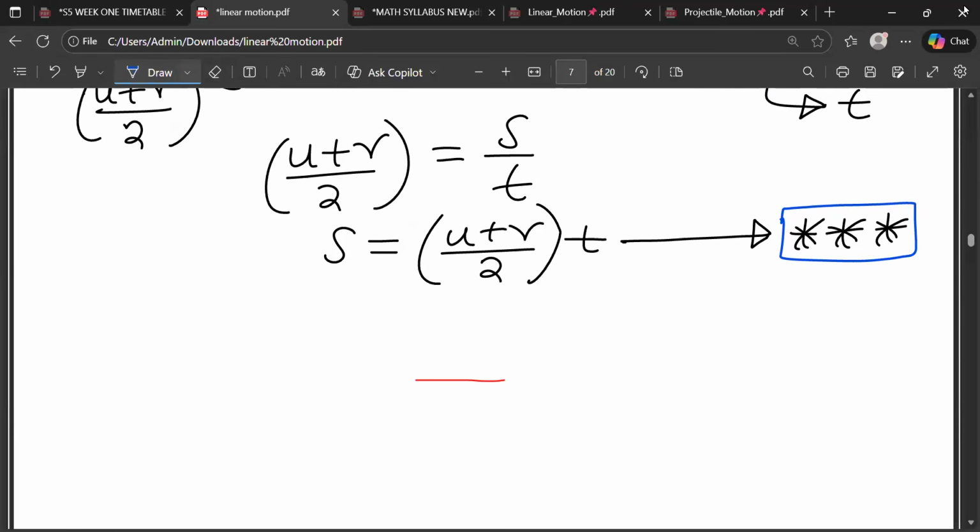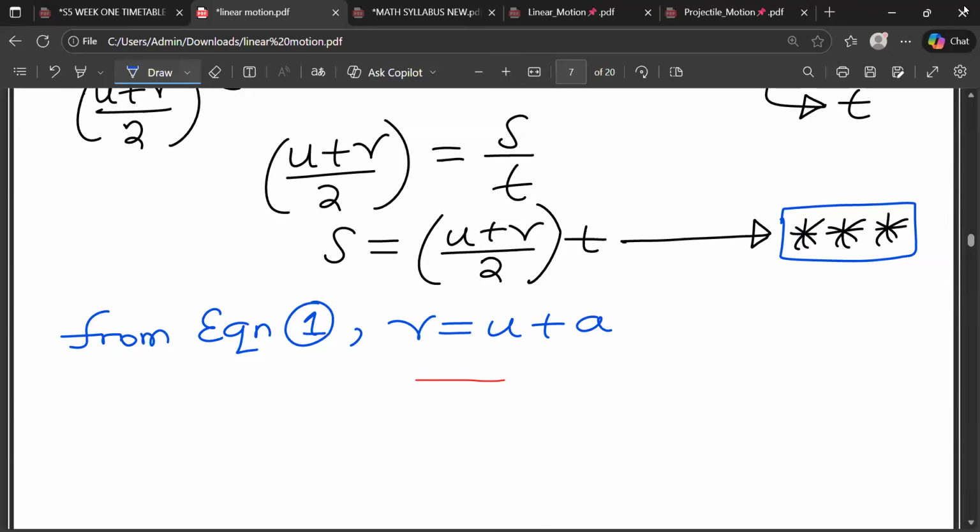Then you say from equation 1, v is u plus at. Not so? So because v is u plus at, I'm going to replace v with that.